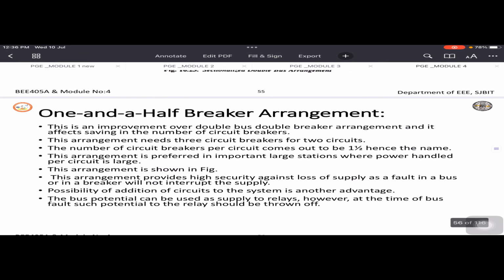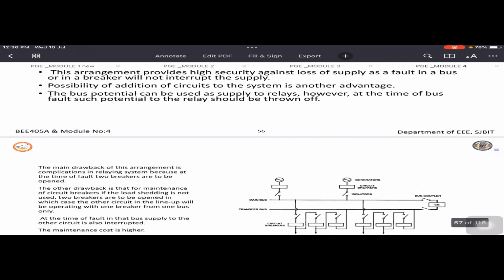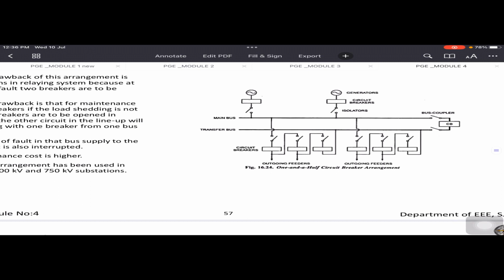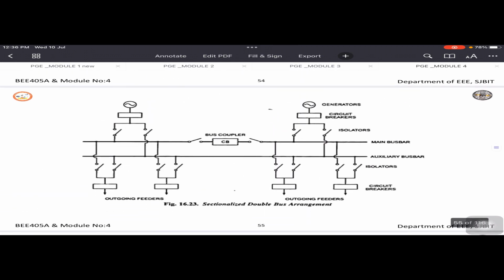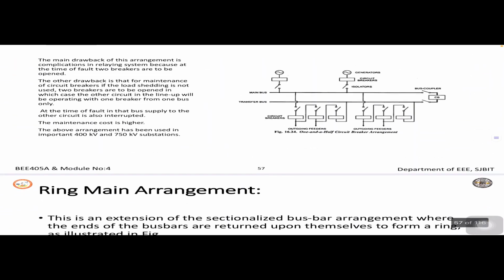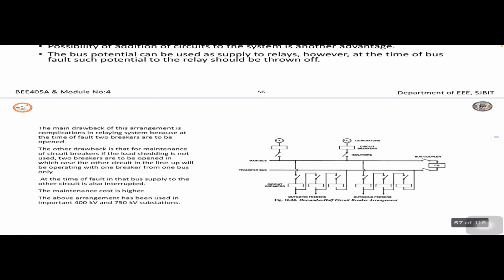And the last one is the 1.5 breaker arrangement. Now observe the diagram clearly. Breaker here means circuit breaker. In the other diagrams, a circuit breaker has connections, input as well as output. But in this case, the output of one circuit breaker acts as the input of the second circuit breaker.